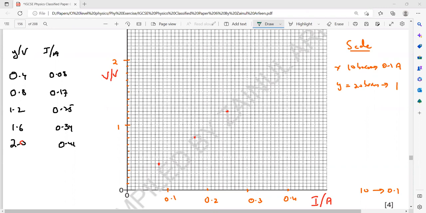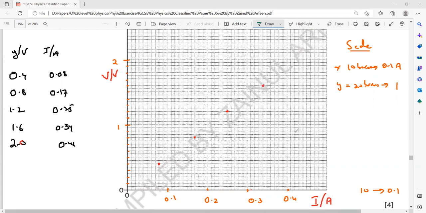Then we have 0.34 and 1.6. So this was 1.2, 1.3, 1.4, 1.5, 1.6.